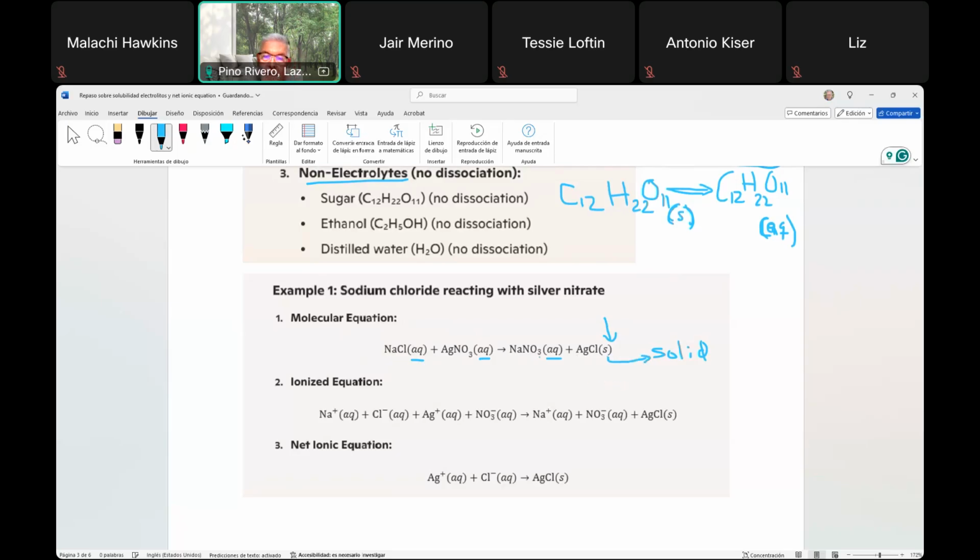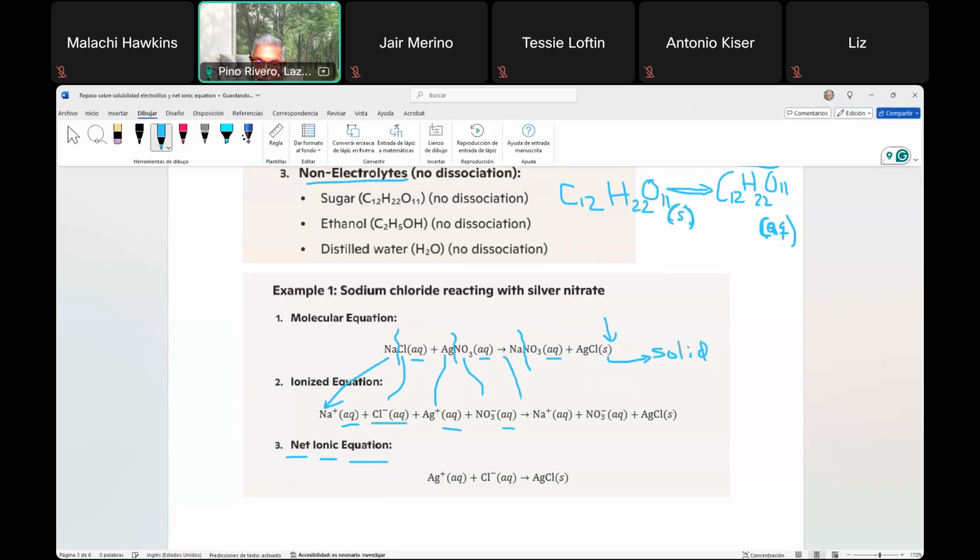Okay? Then in order to get the net ionic equation, we divide the substances that are in aqueous solution, that are soluble, into ions. Sodium cation in aqueous solution, chloride in aqueous solution, silver in aqueous solution, nitrate in aqueous solution.